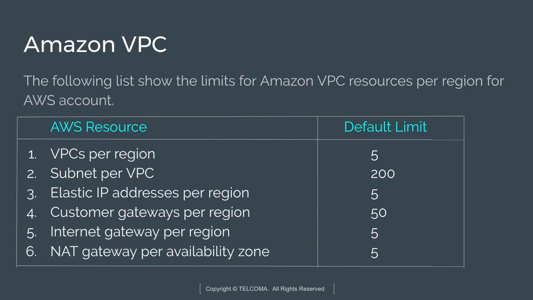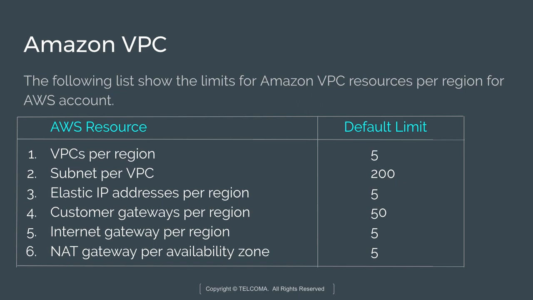Now, elastic IP addresses per region. How many elastic IP addresses? We can use 5. How many customer gateways? We can use 50. So per region we have 50 customer gateways, so we can connect to any home network or corporate network. How many internet gateways per region? 5.